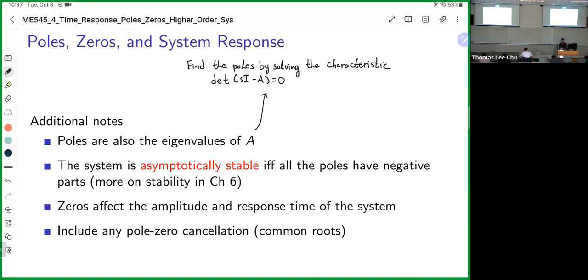When you solve for that, you get your eigenvalues, and those are your poles.